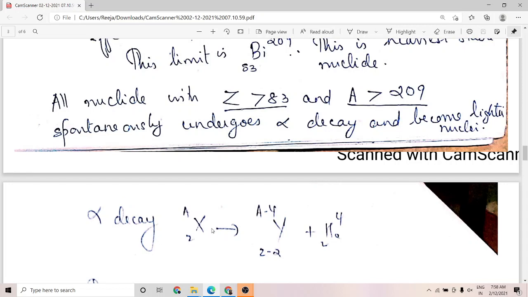Z X A gives out an alpha particle, that is a helium nucleus. That means helium has atomic number 2, mass number 4. So the daughter nuclei will have atomic number Z minus 2 and mass number A minus 4, so that this equation is balanced. So you get a daughter nuclei having a smaller number of protons and a smaller mass number, and this will be more stable than the parent.